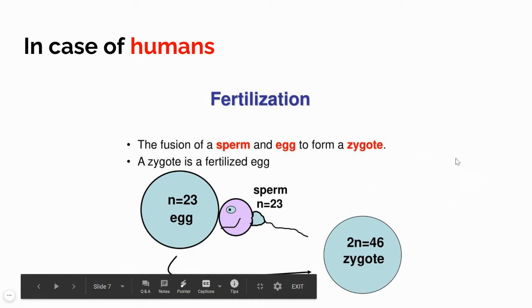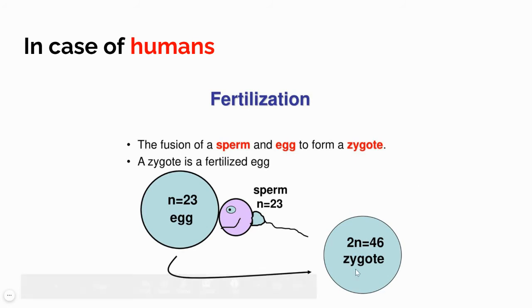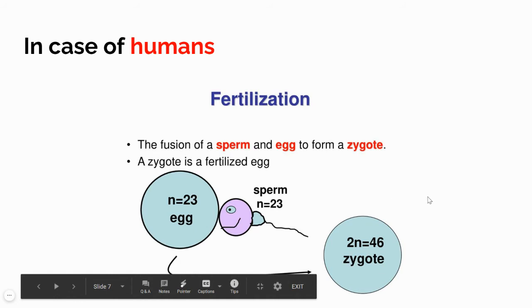And all these divisions that happen after the zygote is formed are mitosis, because that's when the 2n number of chromosomes is preserved. So to make sure that the zygote has the correct 2n number of chromosomes, the gametes which fuse to make this zygote have to have half the number of chromosomes.